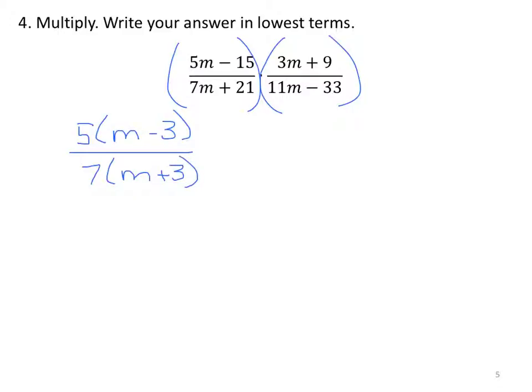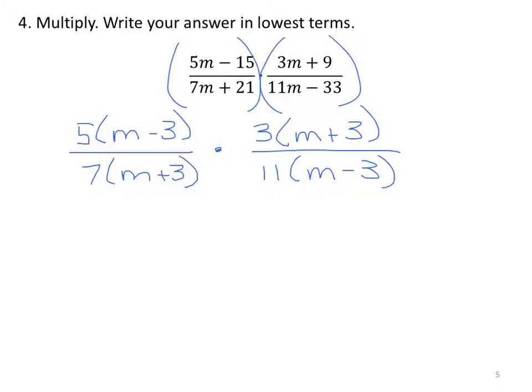Now notice m minus 3 and m plus 3 are not opposites. The opposite of m minus 3 is 3 minus m. So you cannot cancel out m minus 3 and m plus 3. In the second fraction, we have the common factor of 3 in the numerator, and in the denominator, our common factor is 11.